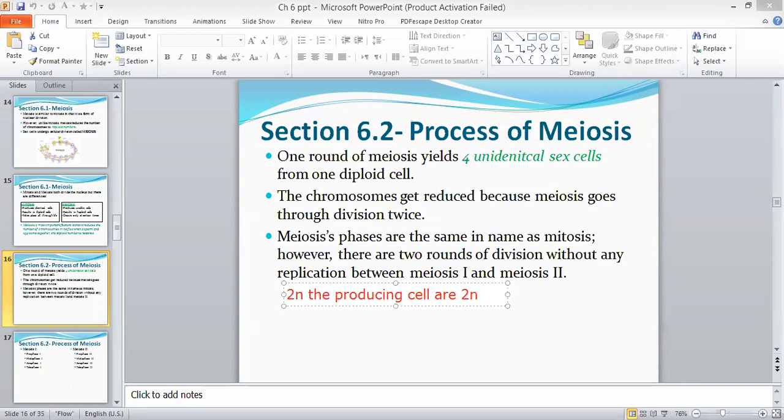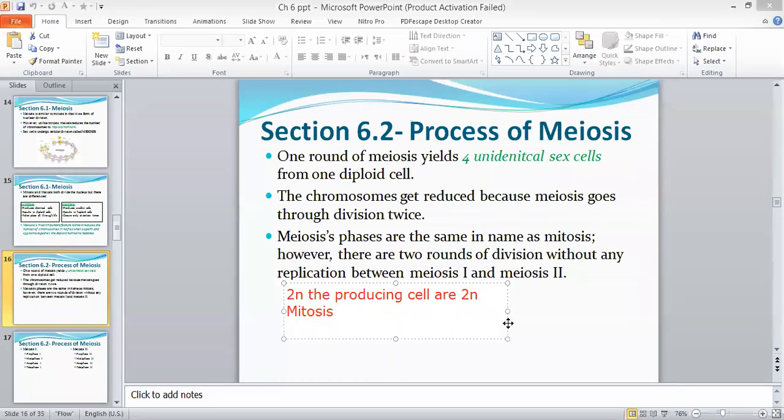2n in this case is related to the number of chromosomes, which means in case of mitosis, the number of chromosomes, for example 2n, so the producing cell must be 2n.